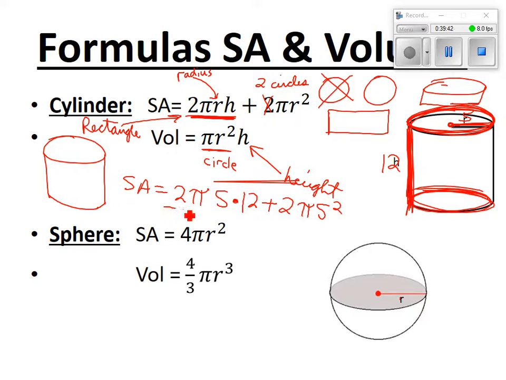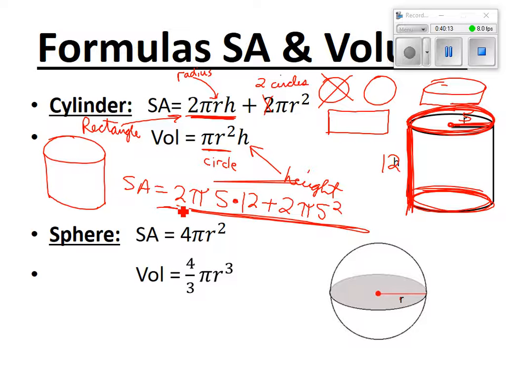You punch all of that right into your calculator, except if you have a calculator like this one, you can't do it. This one you have to do little part by little part. Do all this, then do all that, write them both down and add them together. But if your calculator prints across the screen, you can type all that right into the calculator just like that and hit equals at the end. It'll give you the final answer.